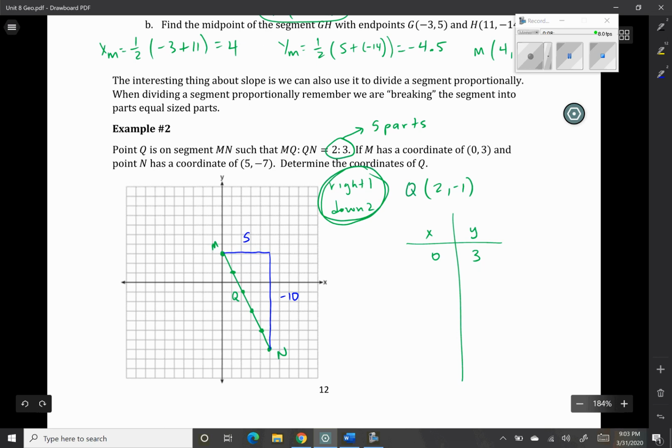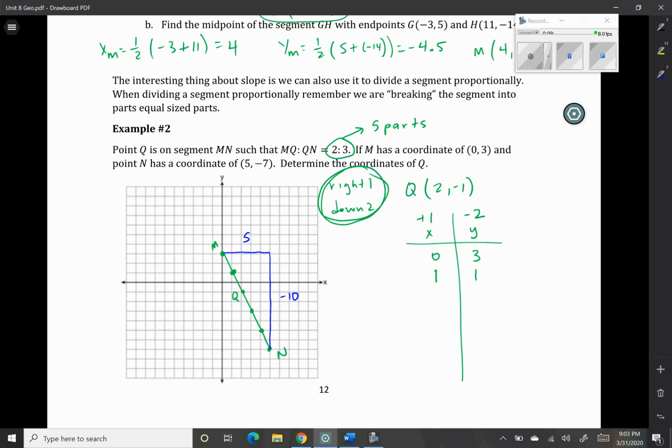If I want to move to the right 1, I'm going to add 1 to the x values. If I want to go down 2, I'm going to subtract 2 from the y values. So if I start at the point 0, 3, and I add 1 to the x value, and subtract 2 from the y value, I get the point 1, 1. Notice that's the point here.